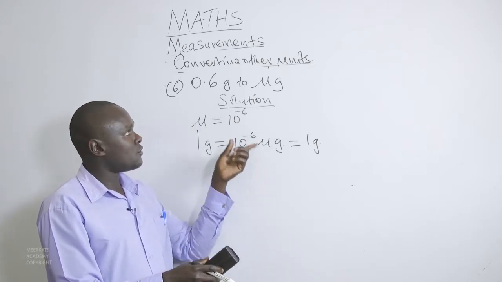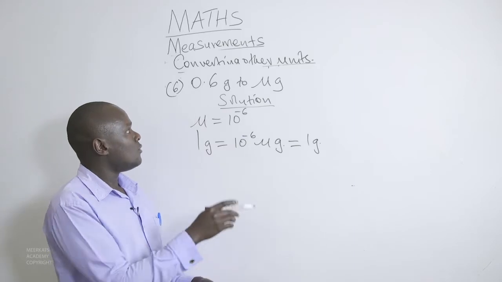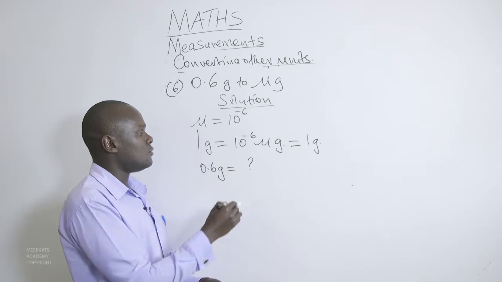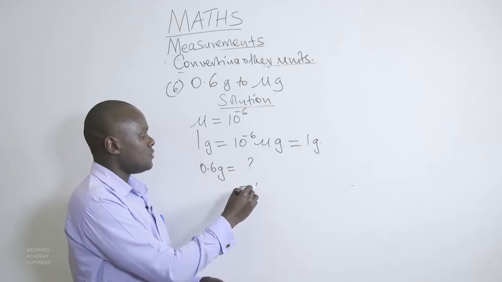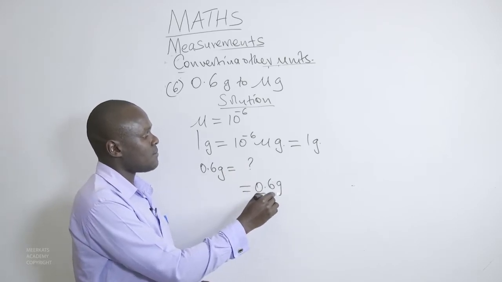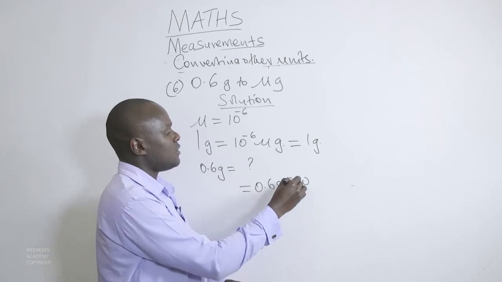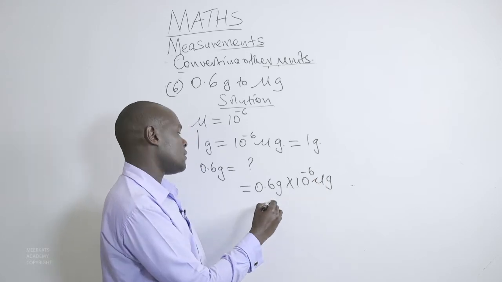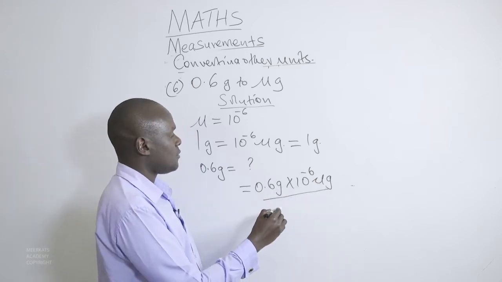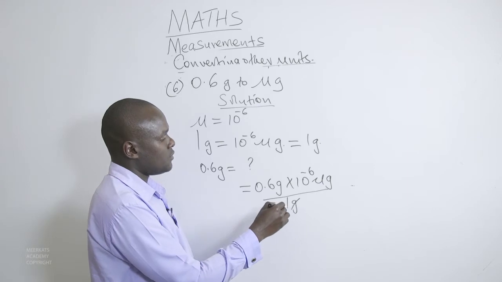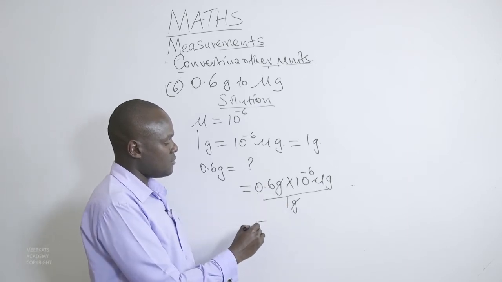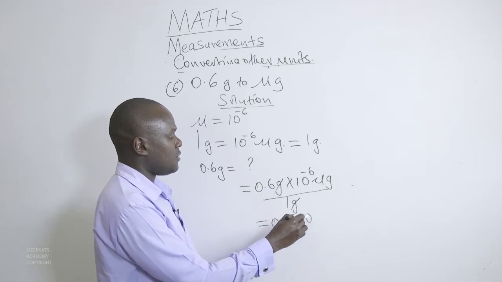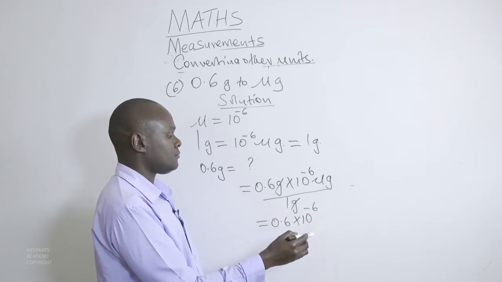So for us to convert this to this, what about 0.6 grams? This should be equal to 0.6 grams multiplied by 10 raised power negative 6, divided by 1 gram, where the units of mass will cancel. Then we'll have 0.6 times 10 raised power negative 6.